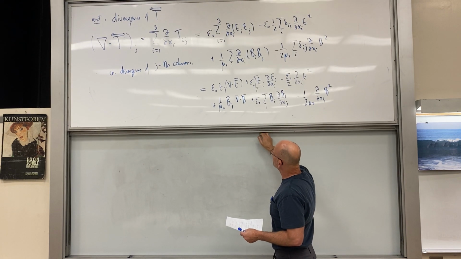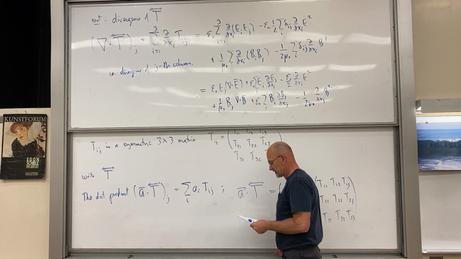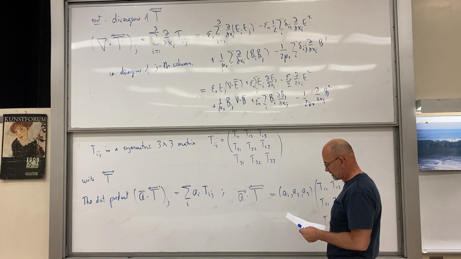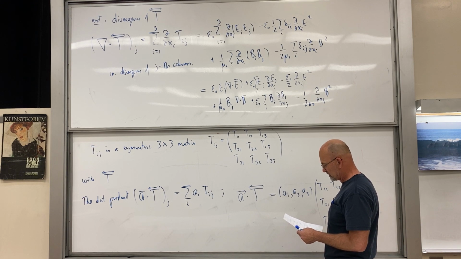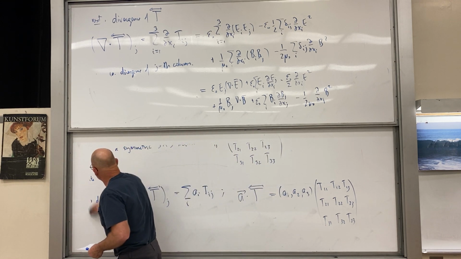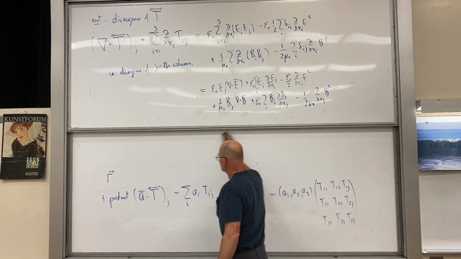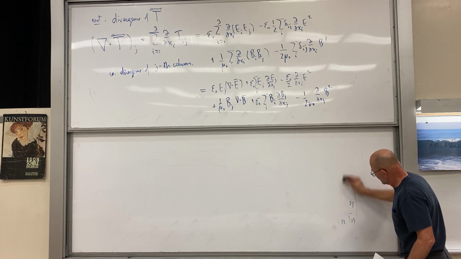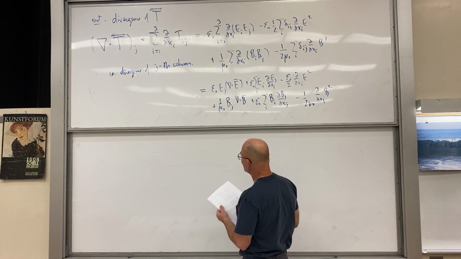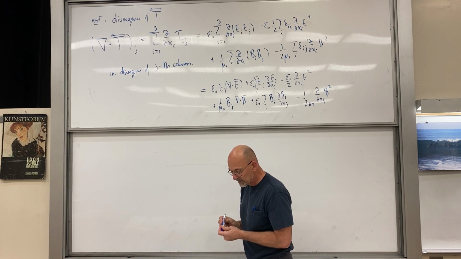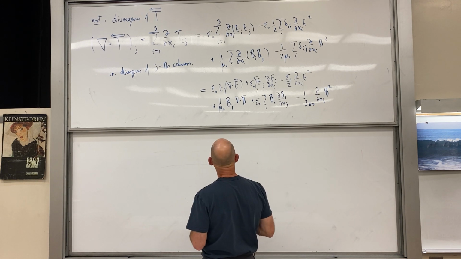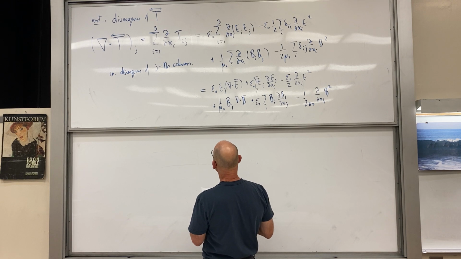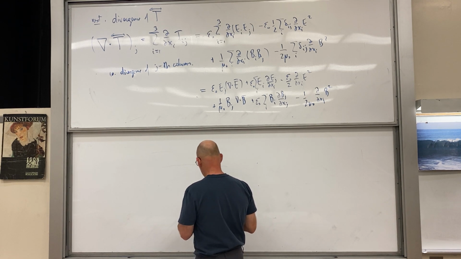And I'm actually just going to keep going under here. So these next steps are going to bring it into the shape that we had before, or something very close. Divergence E squared. Here we go.